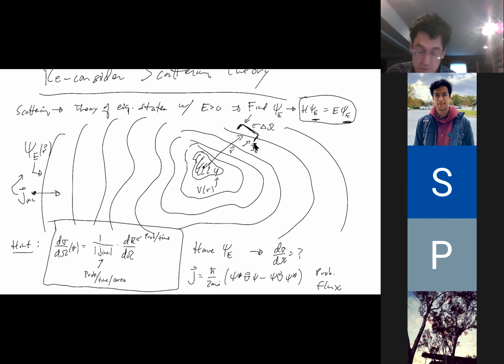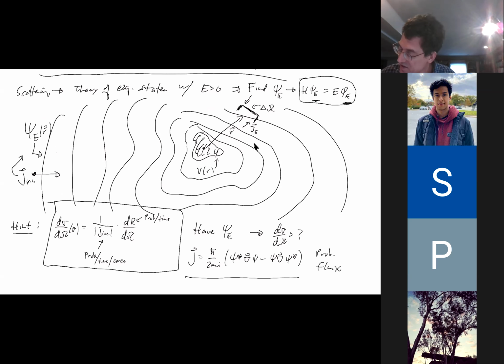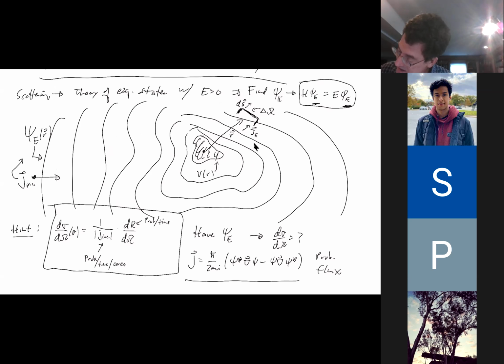If I think of my detector as covering some solid angle, I can also think of it as having some area, and there's some vector ds, which is the differential area of my detector. Suppose I have this JE in the vicinity of my detector.